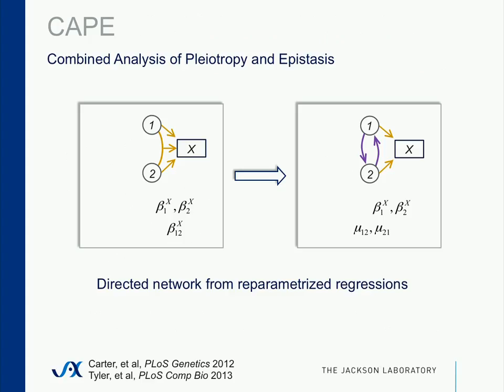Okay, so this is my one slide for the method. We've done a lot with this method, but we call it CAPE. It's a combined analysis of pleiotropy and epistasis. And the basic idea here is that we want to switch from having epistasis coefficients that you might get from a regression model, such as here, where you have this joint effect, to locus to locus or gene to gene, depending on the data set we're looking at, interactions that are directional.